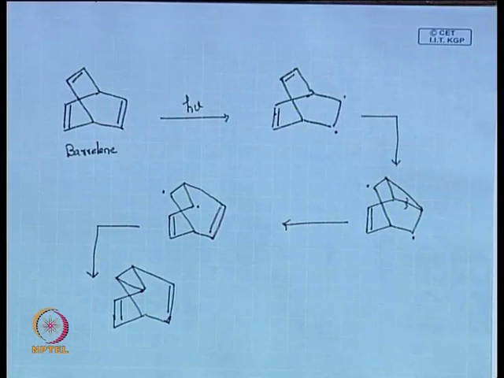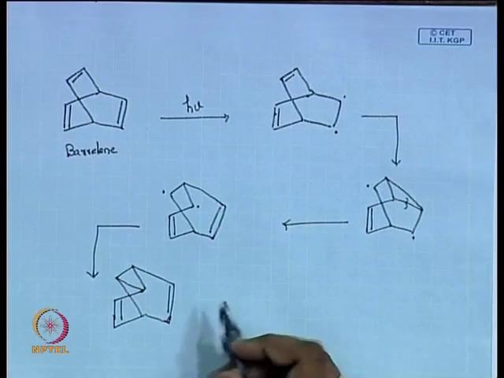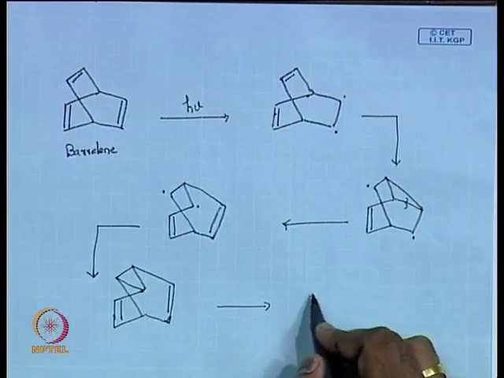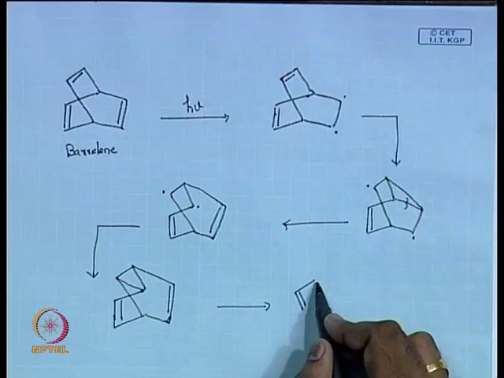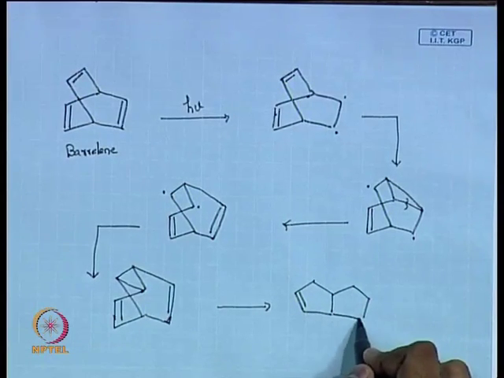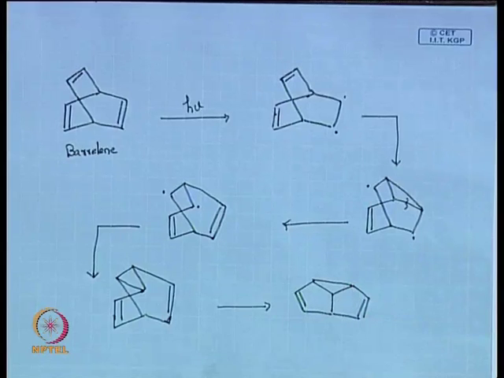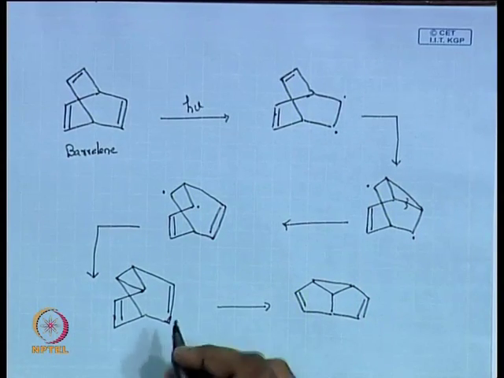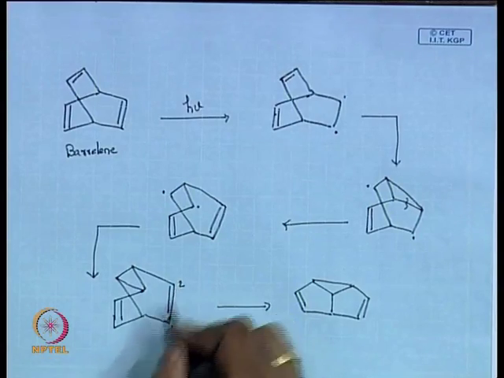How it looks if you unfold it. Can you imagine unfolding this? A 5-membered ring with an upper one. Yeah. If you want, we can try 1, 2.